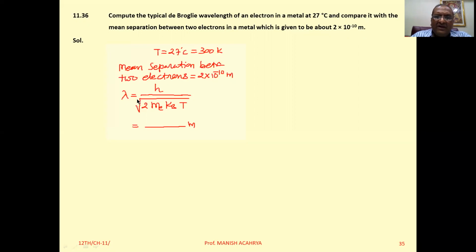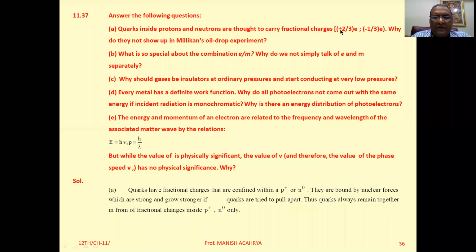Now calculate lambda, that is h upon under root 2 me kB T. Substitute all these values and you will get lambda. Then take the ratio of separation and lambda. You can get the comparison. Clear?